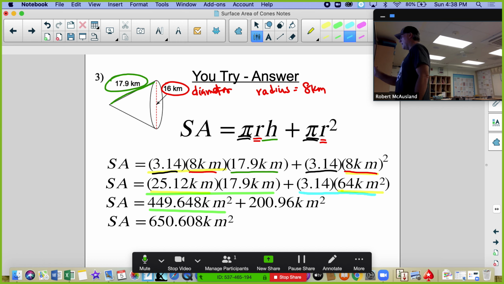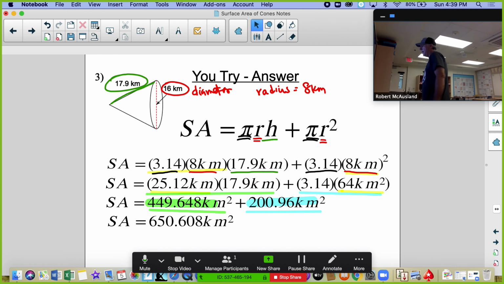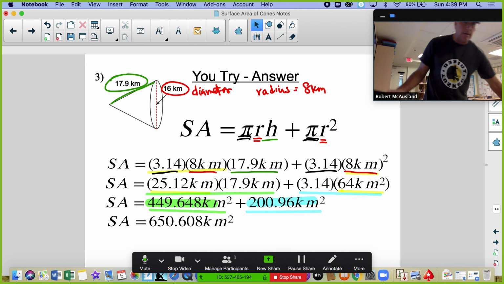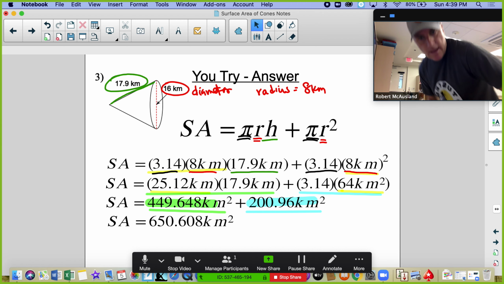And then I multiplied pi times 64 kilometers squared, which gave me 200.96 kilometers squared. Remember, this is my lateral area, and this is my base area. And if we add those together, we should get 650.608 kilometers squared. So hopefully that makes sense.